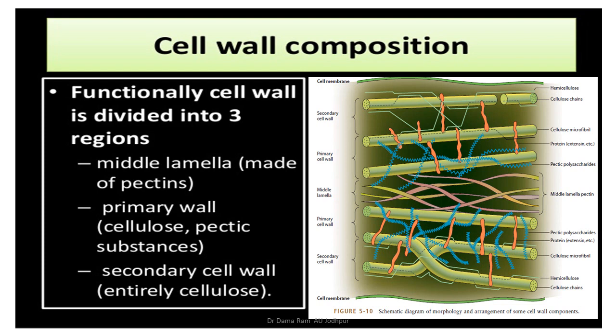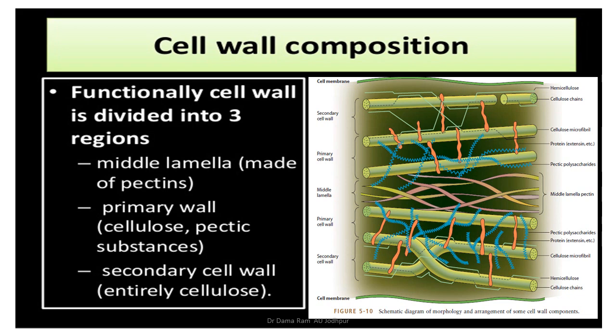The major part of the primary cell wall, 90%, is made up of polysaccharides like cellulose, hemicellulose and pectin. These are polymers of monosaccharides like glucose, fructose, rhamnose, galactose.